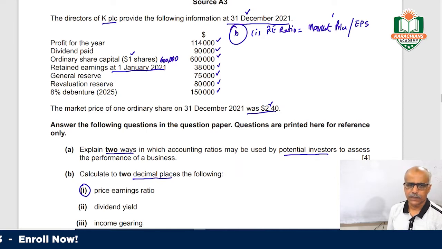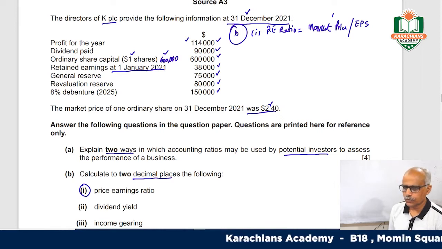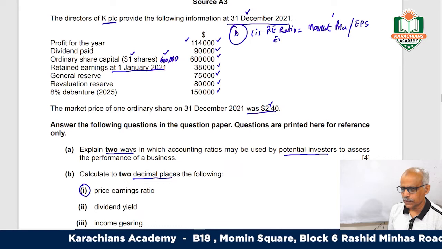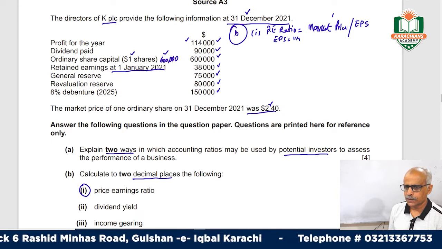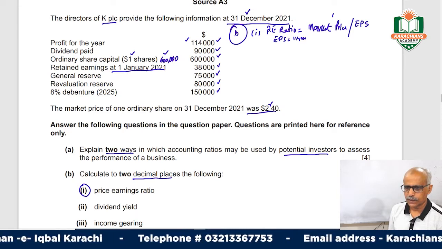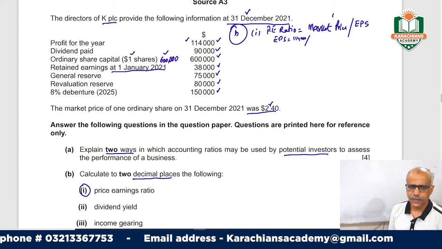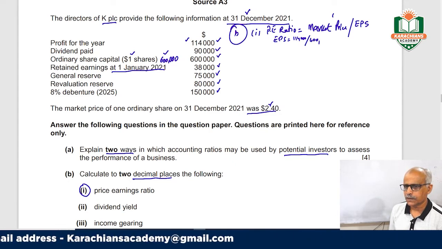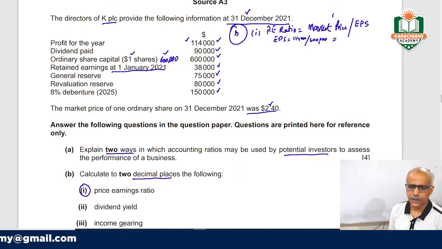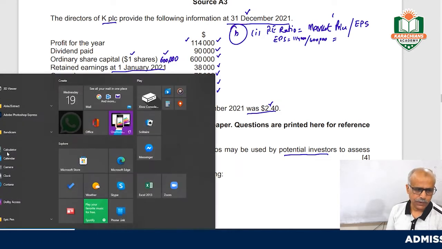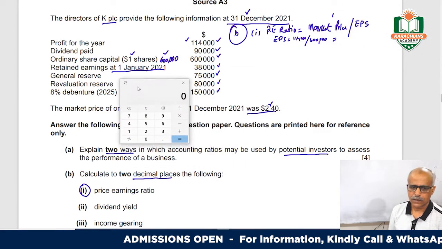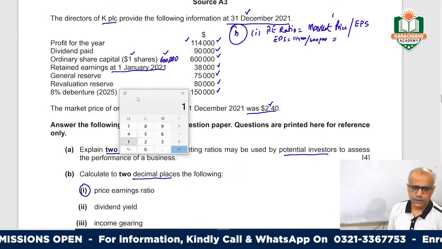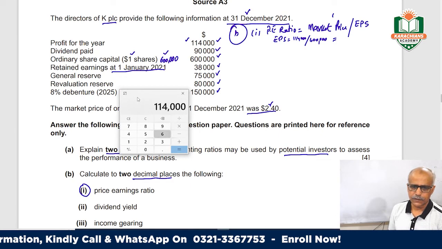Earning per share we can calculate. The number of shares we have, and the profit for the year is also given to us, so no issue. First we have to calculate EPS. EPS would be earnings, 114,000, divided by the number of shares, 600,000. Let me open up my calculator. 114,000 divided by 600,000.